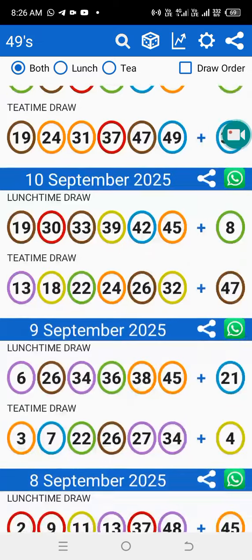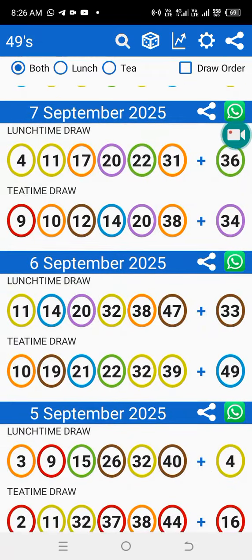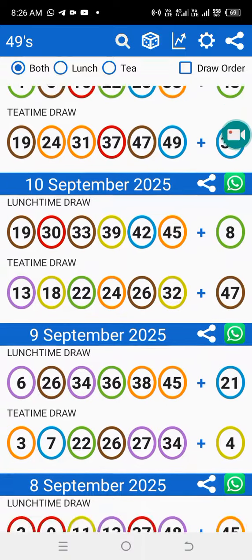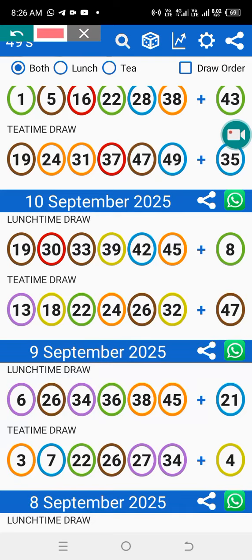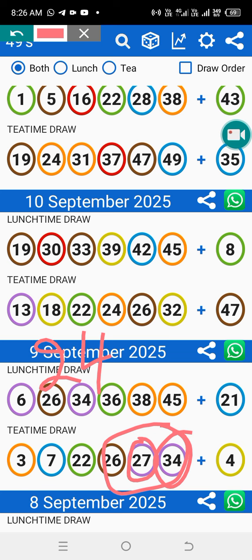So on tea time, you can still do the same thing. Let's do 3 rows and see what happened. So here we have 8 plus 9 is 17 plus 7 is 24. So our first number is 24. The second number is 24 plus 8, which is 32. Then the third number is 32 plus 10 and 24 plus 10. So we have 34 and 42. Then this number is 42 minus 23, because we take the bigger number minus the previous.